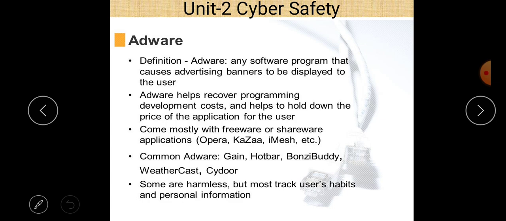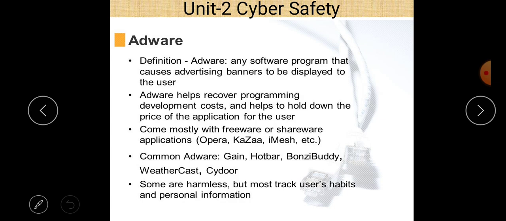So there are three important things regarding adware. First of all, adware shows advertisements. The second important thing is that they come basically with freeware, meaning software for which you cannot pay anything. Nothing is free in this world, so when a software appears as freeware, most of the time an adware is attached with that freeware.